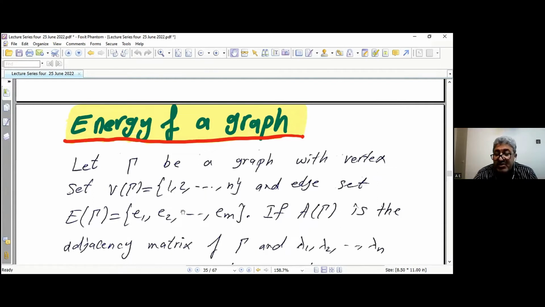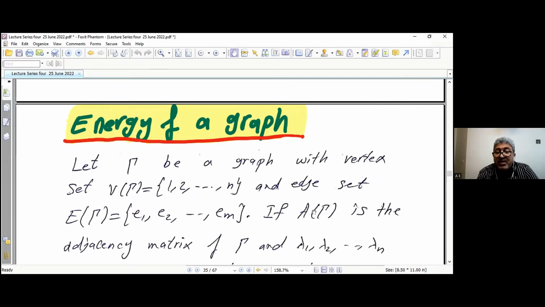Now, the energy of a graph in graph theory is defined as follows. Suppose that gamma is a graph with vertex set 1 to n, so we have n vertices, and m edges, E1, E2, up to Em.